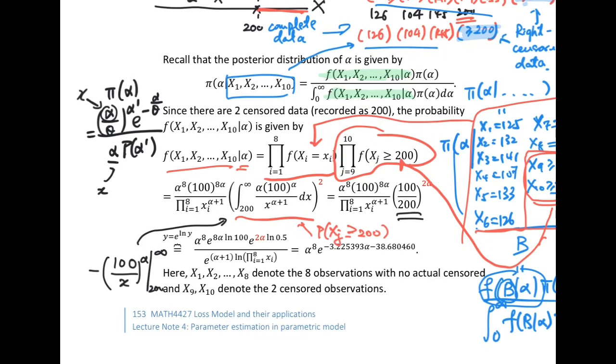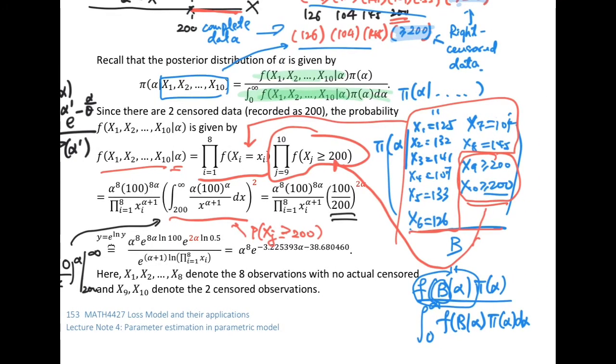But in order to get your posterior distribution, what you need to get will be this integral. I would say this will be a little bit challenging this time. Why is it so? Let me write down this integral for you, then you will see why.